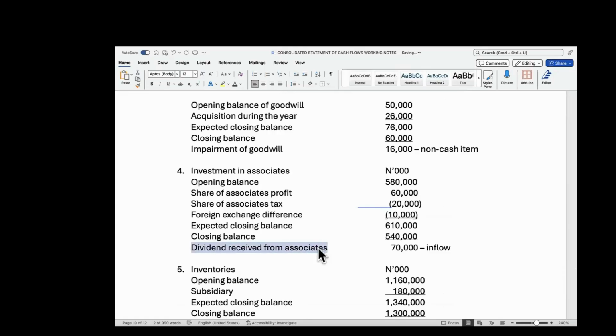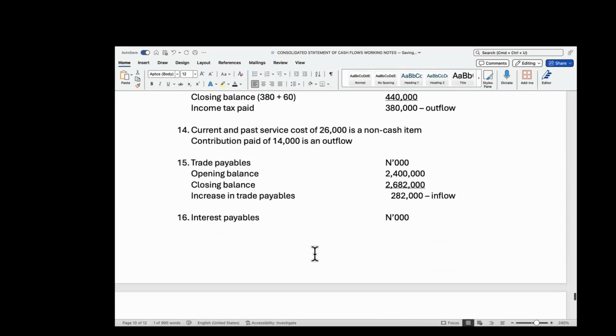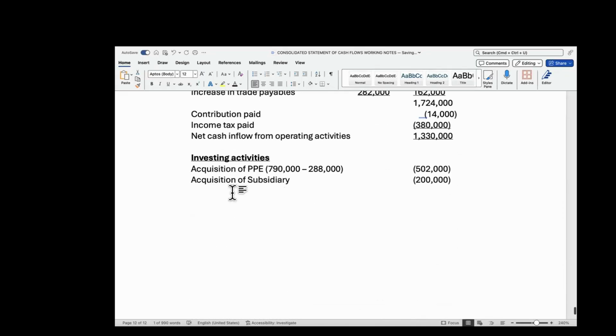Okay. Dividend received from associates, 70. Don't let us forget that investment in Waterside.